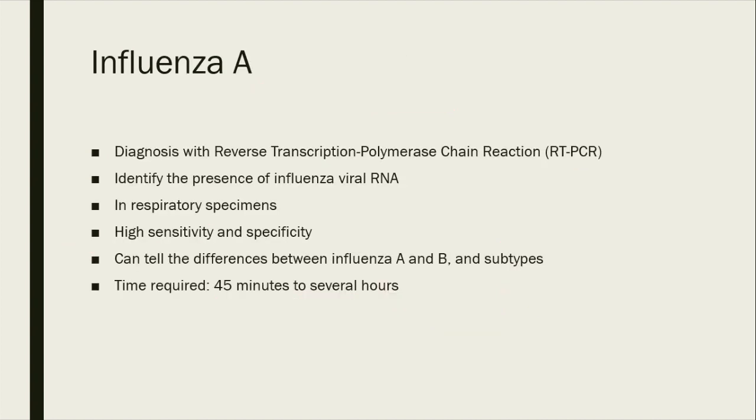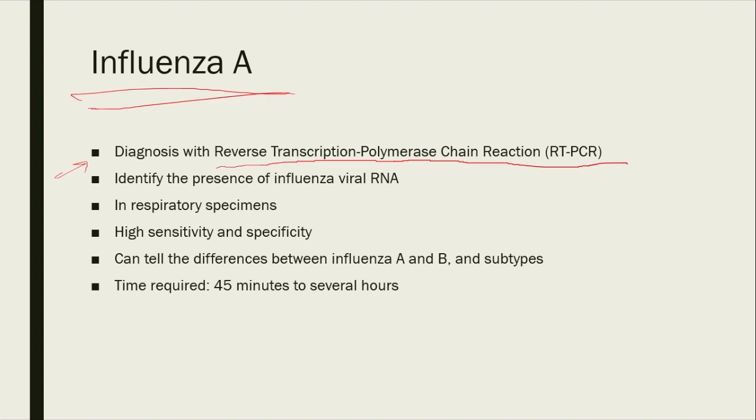Now here we step back a little bit, looking at influenza A. Flu viruses have been around for a very long time, and one technique to diagnose influenza is reverse transcription polymerase chain reaction, or RT-PCR. So it's a little bit advanced.